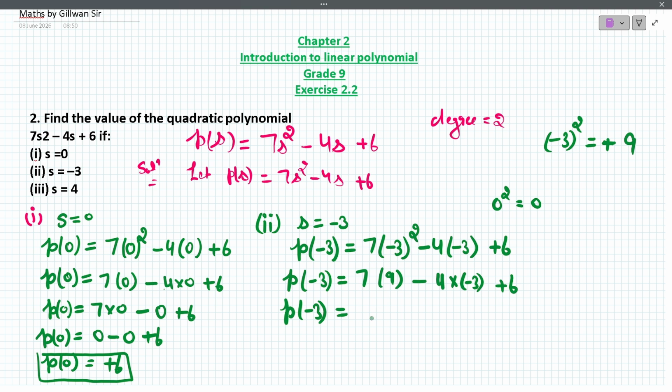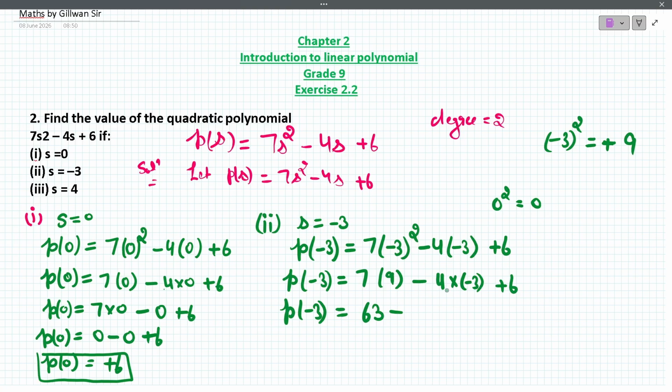P of minus 3 equals 7 nines are 63 minus. Okay, now you will find here the 4 is having a negative sign and 3 is also having a negative sign.